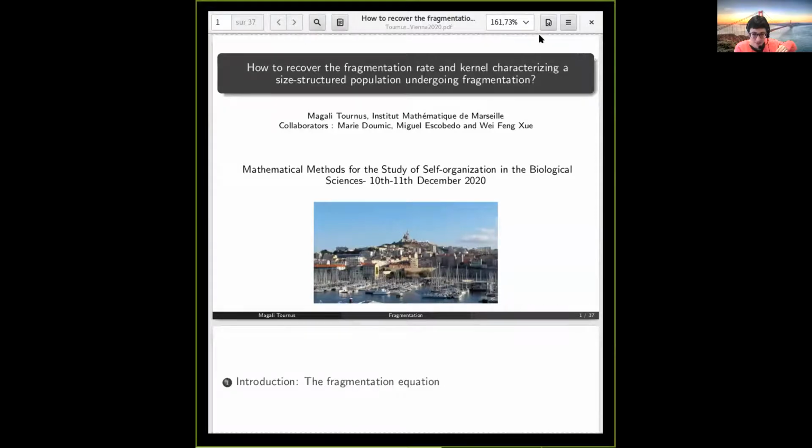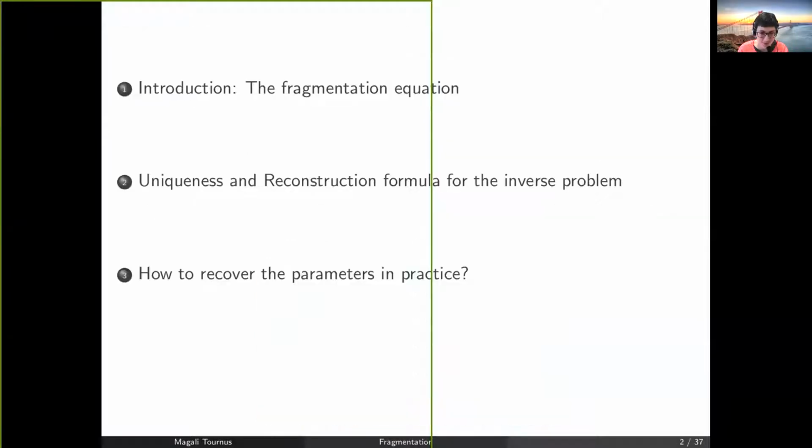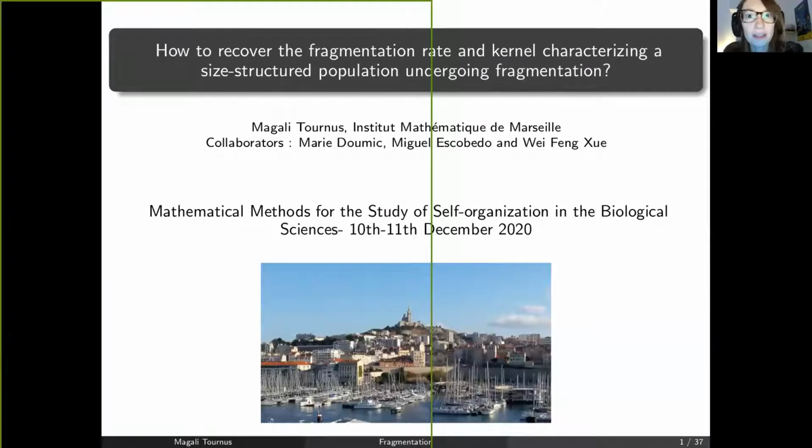I think it's better. Sorry for the green line. My screen seems to be divided into two parts. Magali, maybe if you activate full screen first and then share the full screen window.